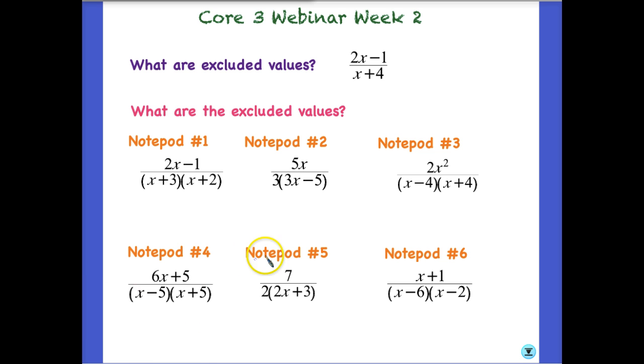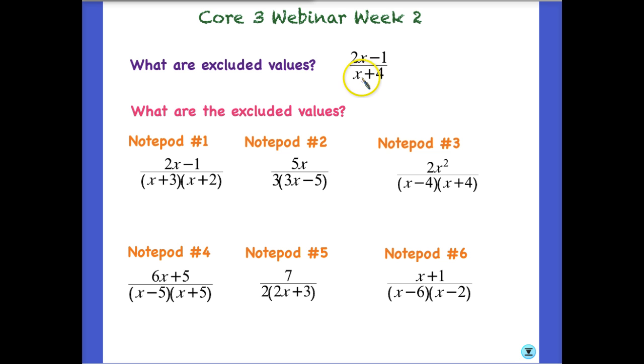What do you guys think? No. Thank you, Trevor. No, you cannot have division by 0. So what we're wanting to do is figure out, okay, we can't have x be anything that would make our denominator be 0, because if it's 0, we have an undefined fraction, and that's bad.